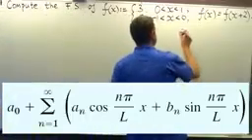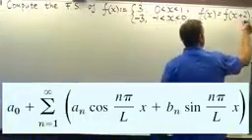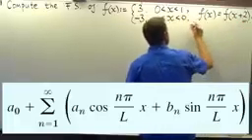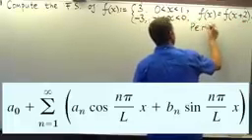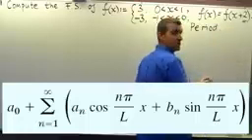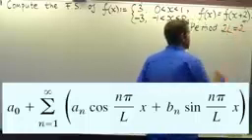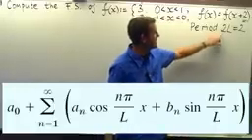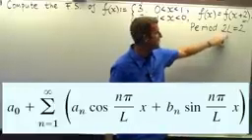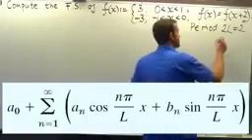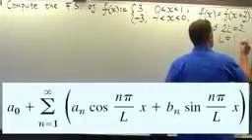So the first thing we note is that our function has period 2. Now we write the period, or denote the period, by 2L. So in this case, L equals 1.